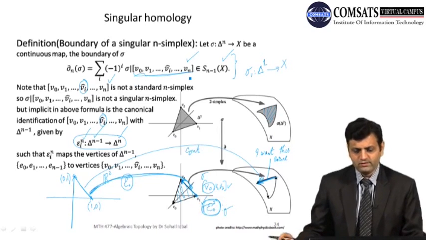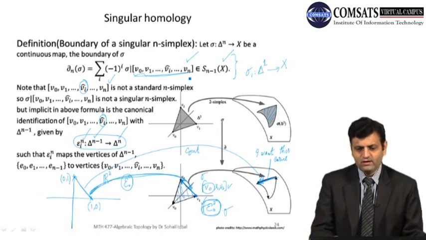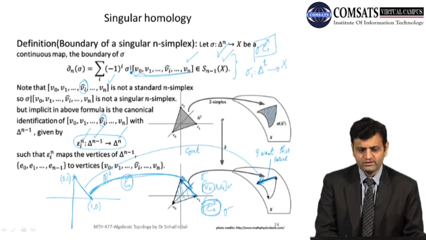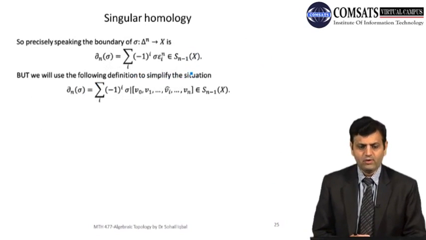So we are just going to consider our definition to be this. Instead of taking sigma epsilon n i's, we are just going to consider sigma restricted to this. There are some books, for example Joseph Rotman, that consider this definition, but we are not going to follow those notations. So precisely speaking, the boundary of a singular n simplex is basically this thing.